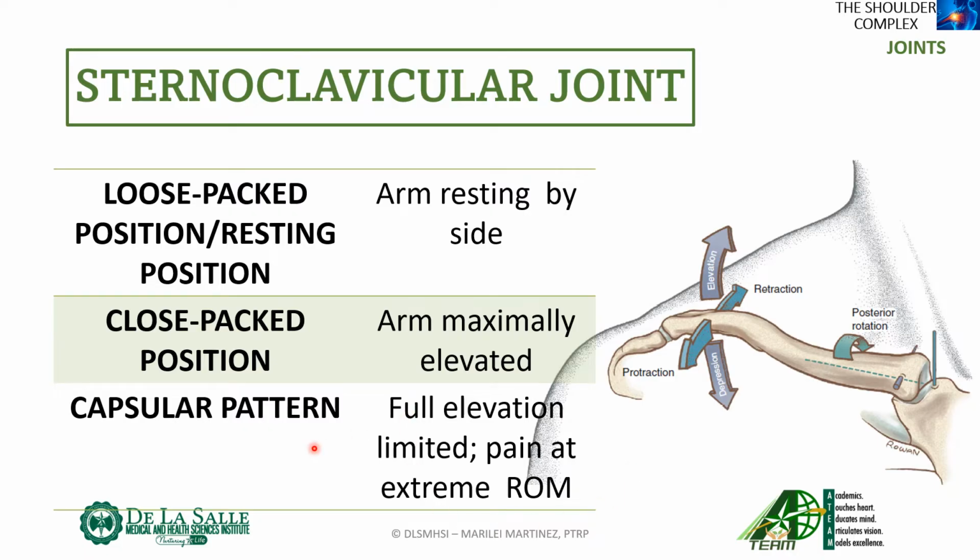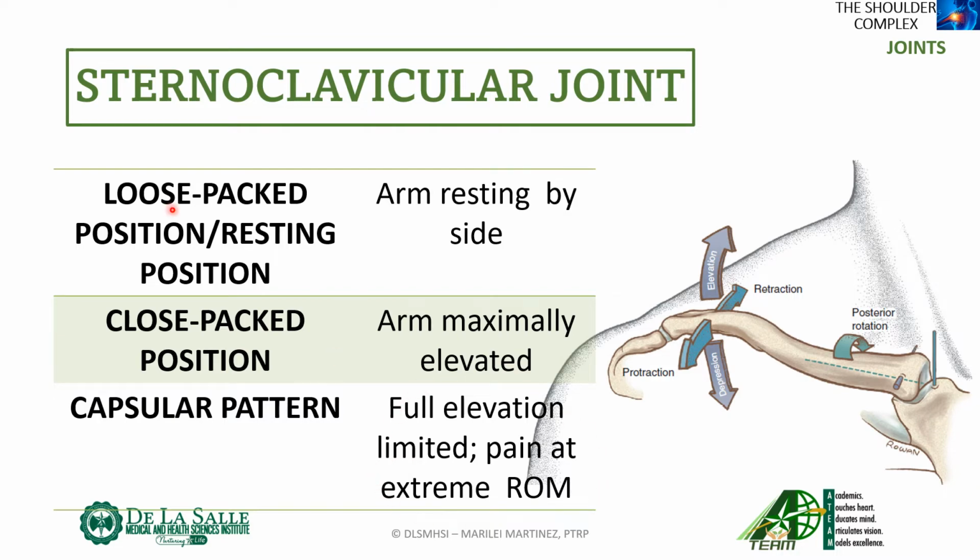Again, if there is affectation of the joint capsule, there will be a pattern as to the restrictions of the mobility of that joint. That is your capsular pattern. Meaning, the capsular pattern of the sternoclavicular joint is full elevation limited and pain at extreme ROM. If the problem in the sternoclavicular joint area is the joint capsule, the patient will present with this limitation or with these symptoms.